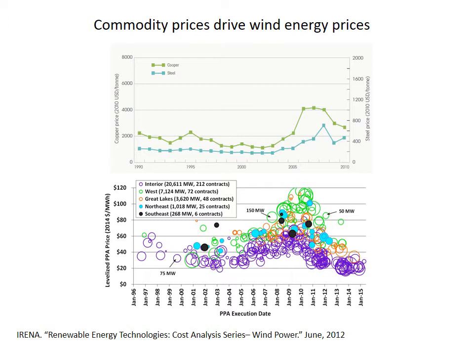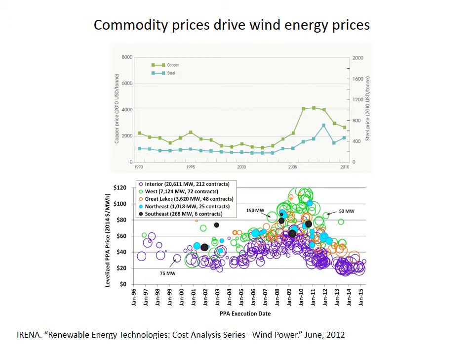These show the top figure is just tracking copper and steel prices over the last 26 years or so, and the bottom shows you the different colors represent different regions of the country in which a long-term power purchase agreement is signed between a developer of a wind farm and a buyer, whether that's a wholesale market or a utility.